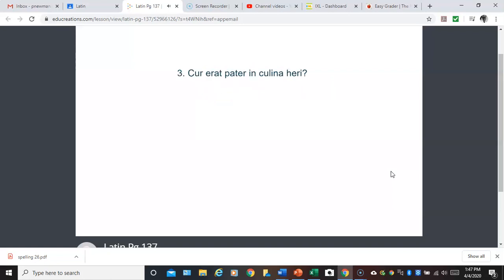Number 3, cur erat pater in culina heri. So in this sentence, probably the trickiest part is this right here, in. In fact, the word order is exactly the same in Latin as it is in English.